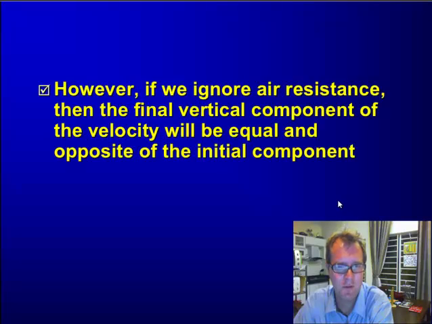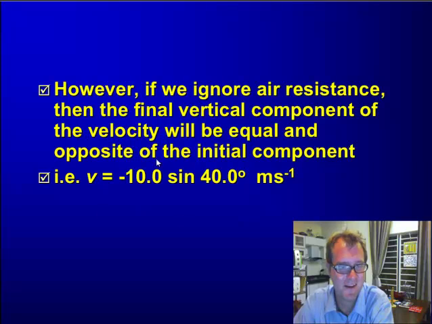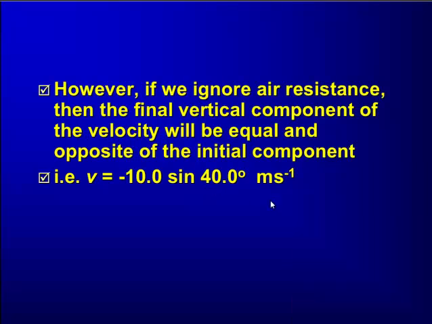Now if we think about the problem, we're ignoring air resistance, so the final vertical component of the velocity will be equal and opposite to the initial component. So that means the final vertical component is going to be minus 10 sine 40 degrees meters per second. Remember, what goes up must come down.